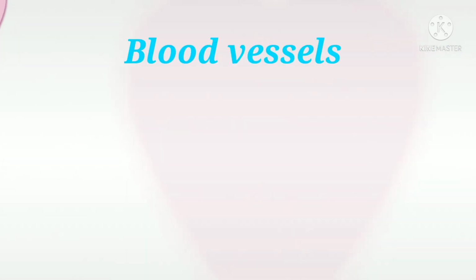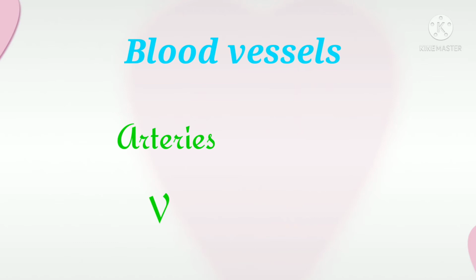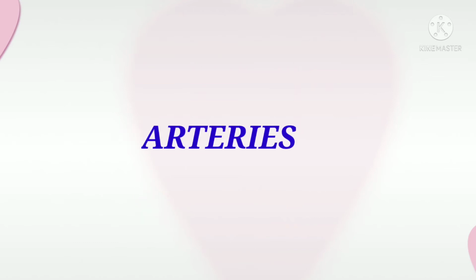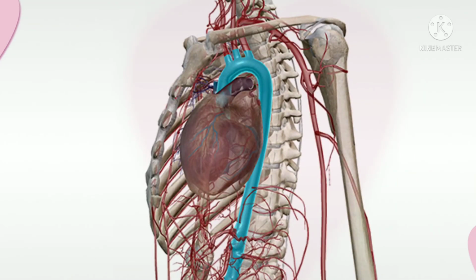Blood vessels. Blood flows in blood vessels. There are two types of blood vessels called arteries and veins. Arteries. The rigid vessels called arteries originate from the heart and supply blood to various organs in the body.